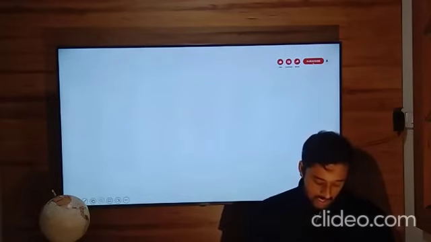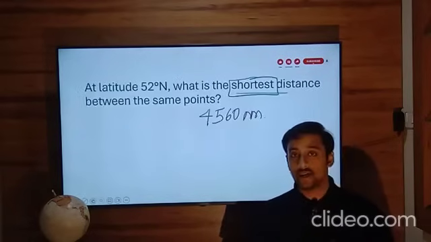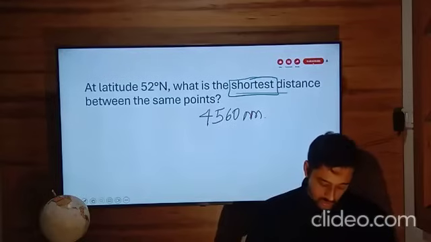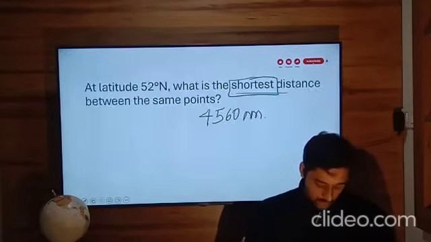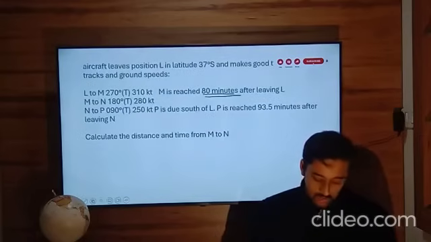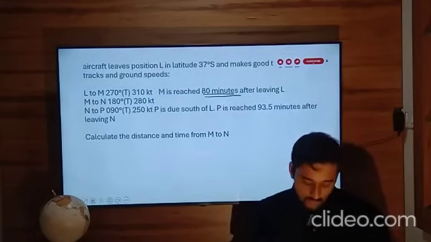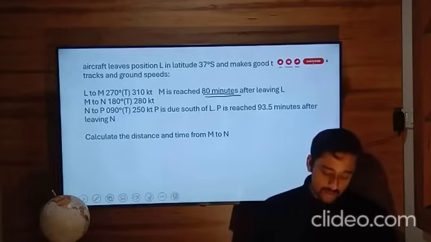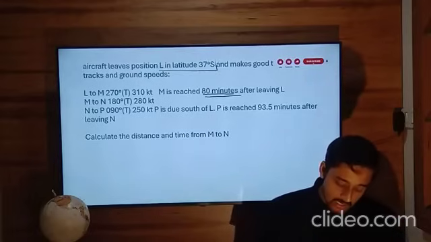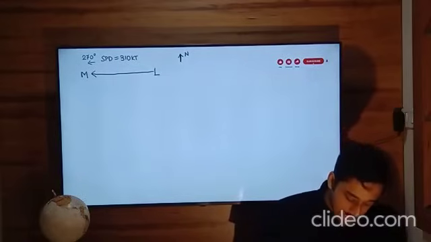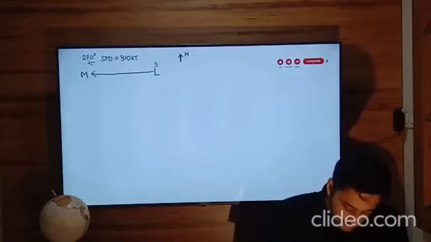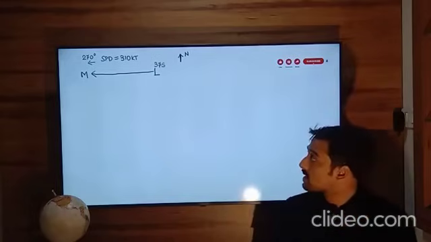So the answer to this question is 4560 nautical miles. Now here again we have an aircraft which is leaving position L at latitude 37 degrees south.